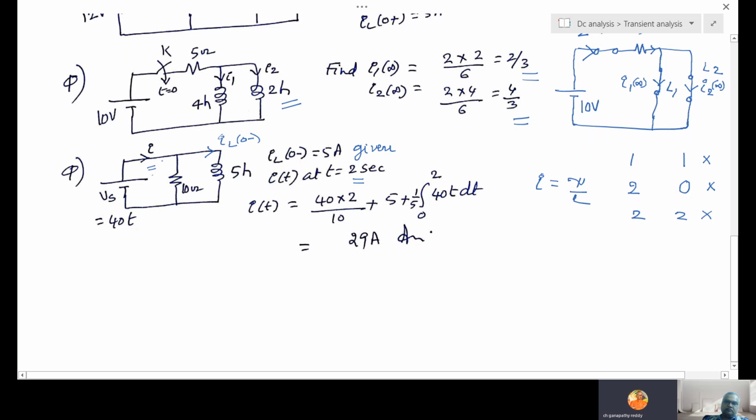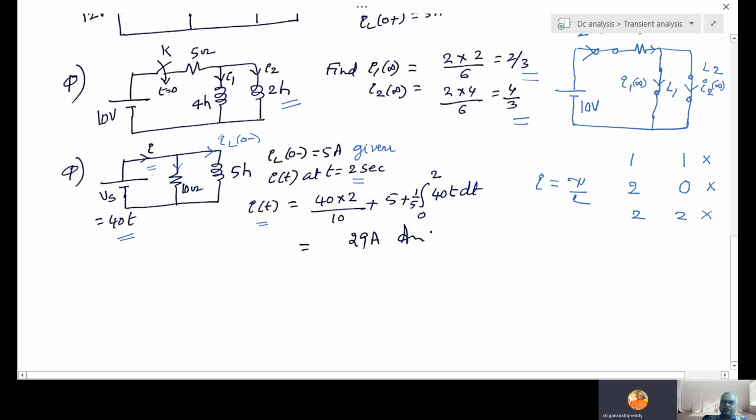This I is nothing but the current flowing through the resistor plus the current flowing through the inductor, right? Therefore, I of t is equal to what? The current through the resistor is voltage by resistor. But what is the voltage? Vs. Vs is 40T.